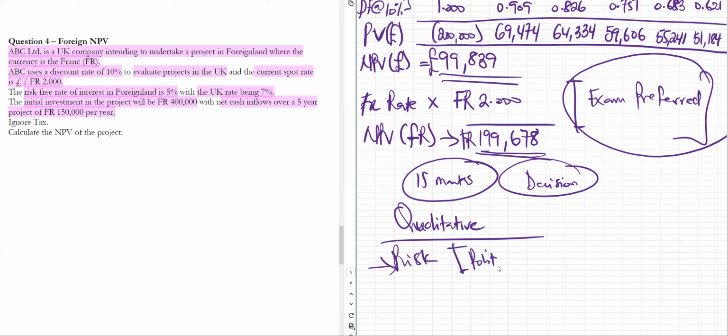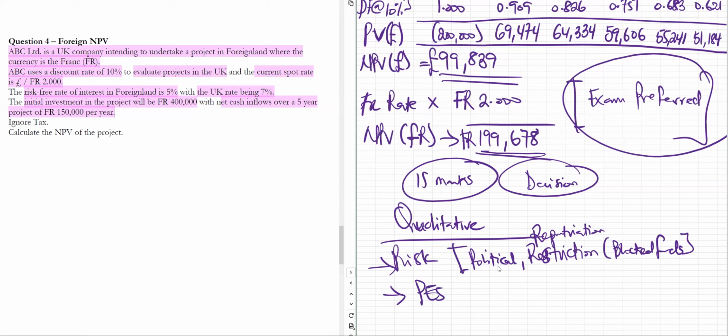Yes, the government might change and it might impact your investment. We have financial restrictions, meaning that you cannot send profits. So mostly we call it repatriation restriction or blocked funds. Sometimes the money that you earn from this project, the other country may not want you to bring it here.